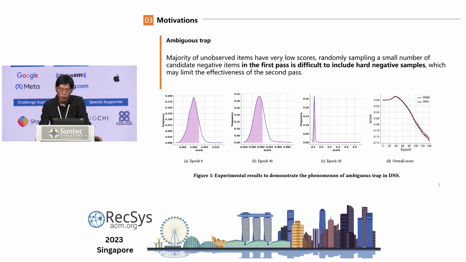The lowest 80% of the scores are highlighted by the pink shade. You can see in epoch 30 and epoch 50, most items have very low scores, and just a few items have high scores. So it is difficult to select the high-score items with a simple and static distribution.